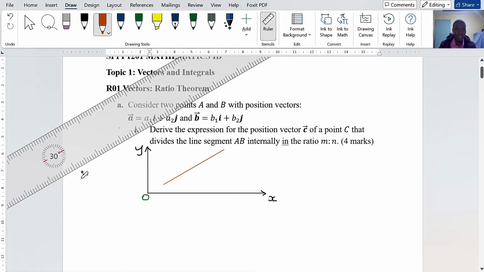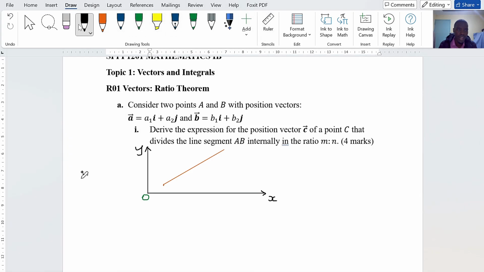So we have our line, and on that line, we have this point as point A, and we have this point as point B. Then we have C somewhere, and it divides the line in the ratio m to n, and that is internal division of the line.